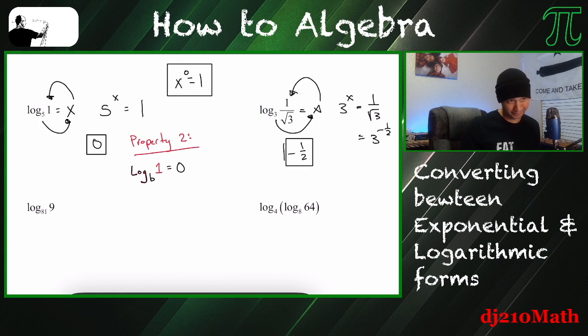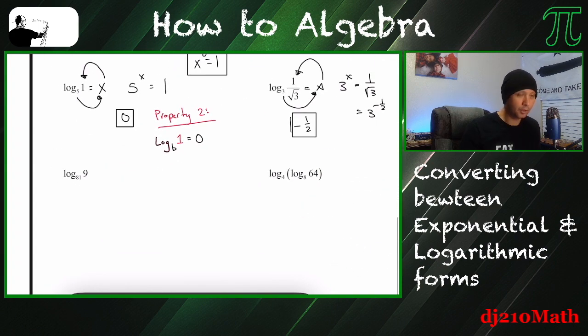So whatever the base is, it doesn't matter. Log base whatever of 1 is equal to 0. So this is the second property.